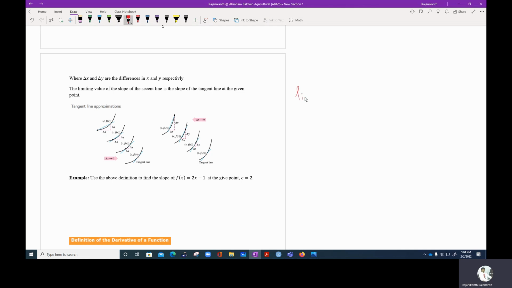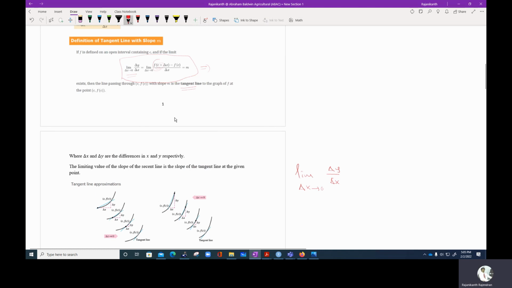Remember, limit as delta x goes to 0 of delta y over delta x, that is, you see here, nothing but the limit as delta x goes to 0 of f of c plus delta x, subtract the function value at c, all over delta x.